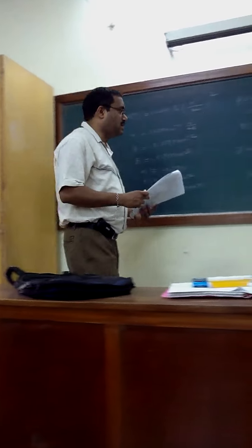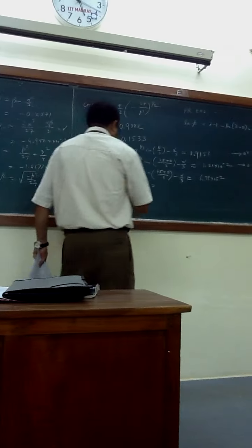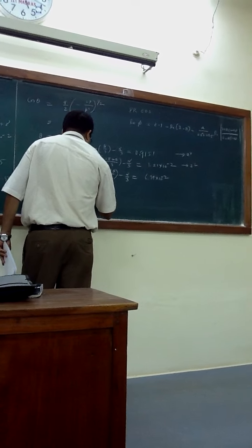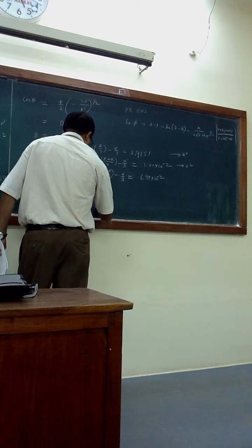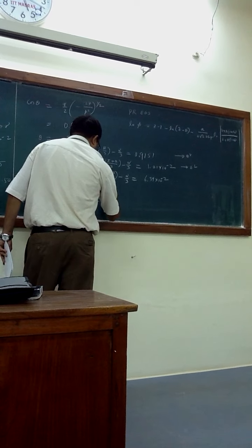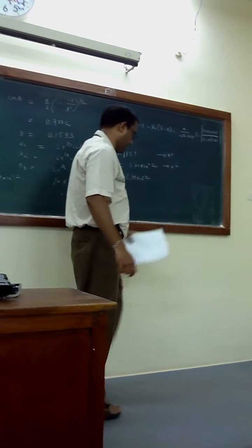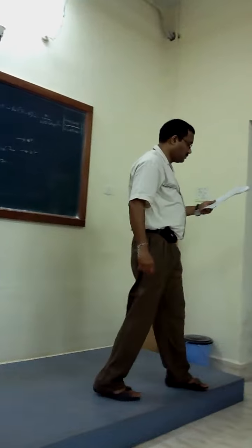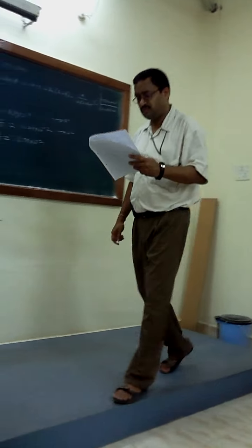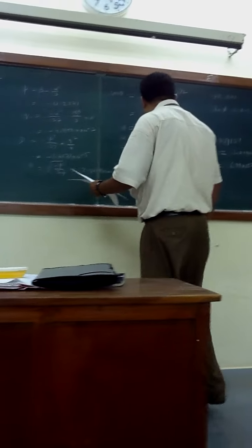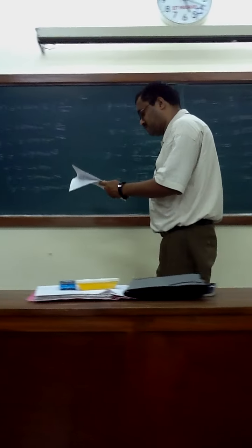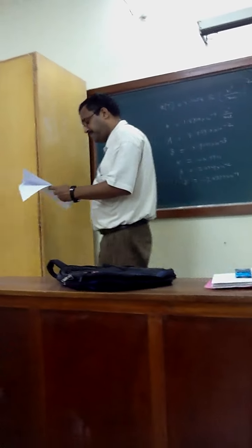If you calculate phi L, then from system pressure you can get FL, which is FL by P, which is phi L. You know system pressure, you can calculate the FL. How much is the phi L? First we find out ln phi L.